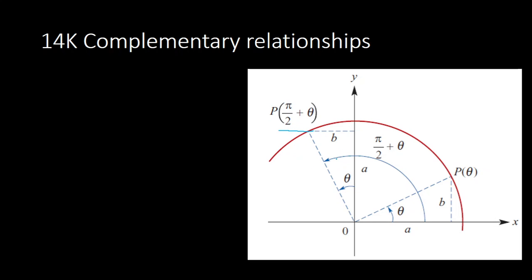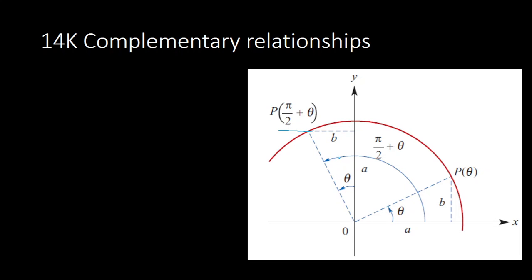Now this side is cos of pi on 2 plus theta, and the vertical one is sine of pi on 2 plus theta. But we're going to relate that to A and B.